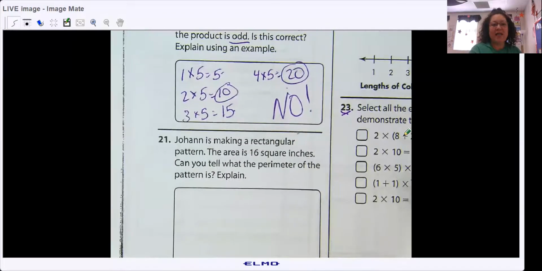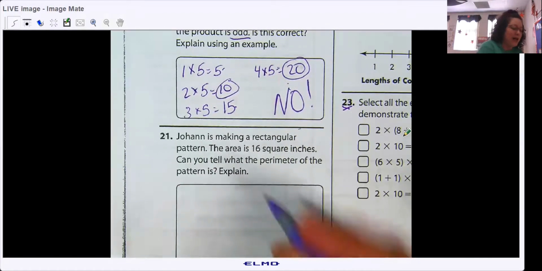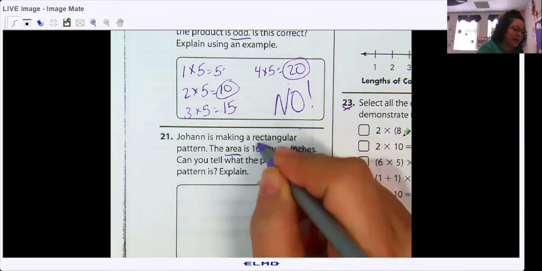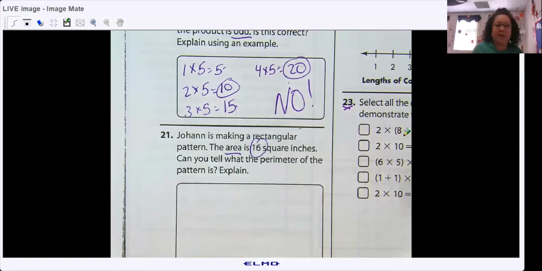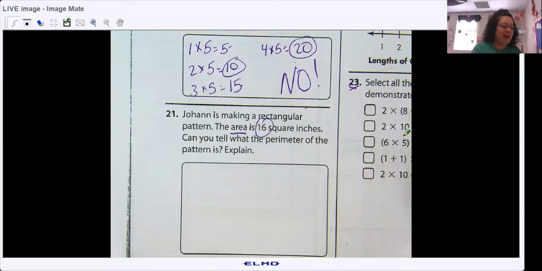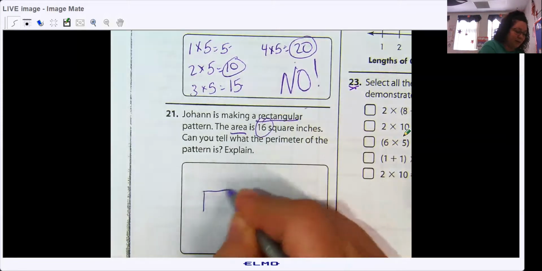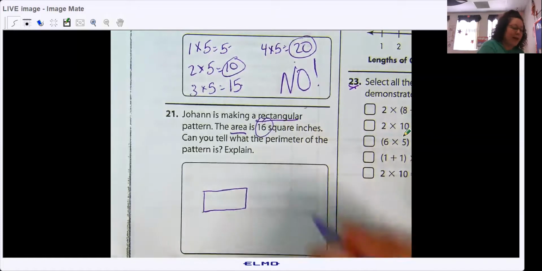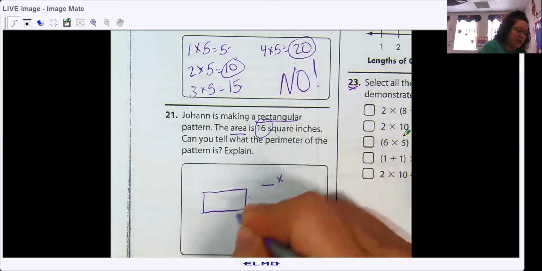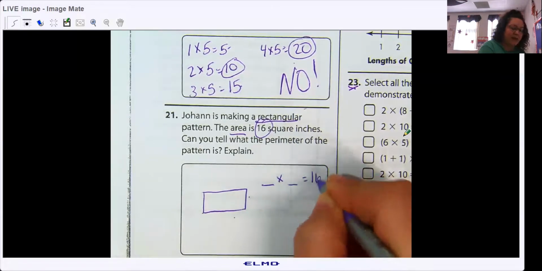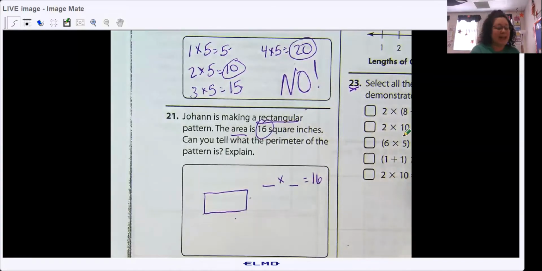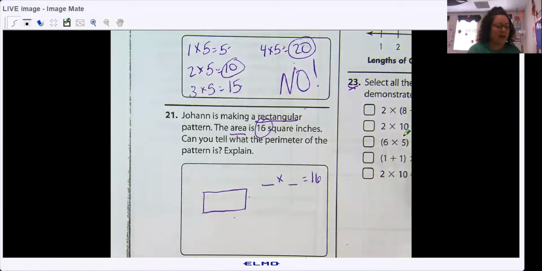Jonathan is making a rectangular pattern. The area is 16. Can you tell what the perimeter is? Okay. If the area is 16 and it's a rectangle, remember area is one side multiplied by the other.